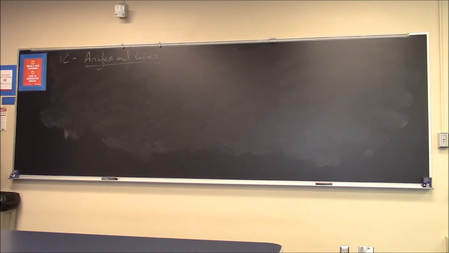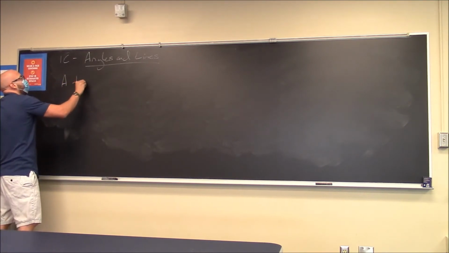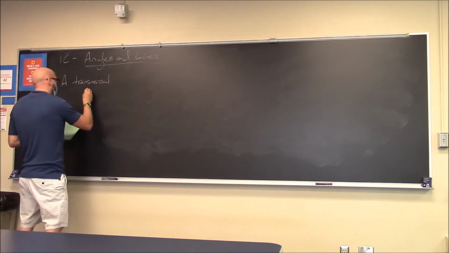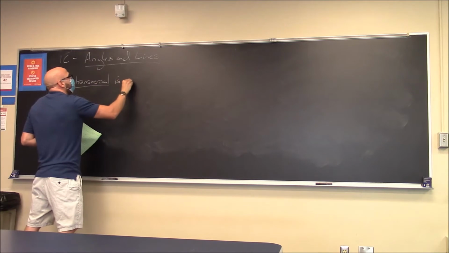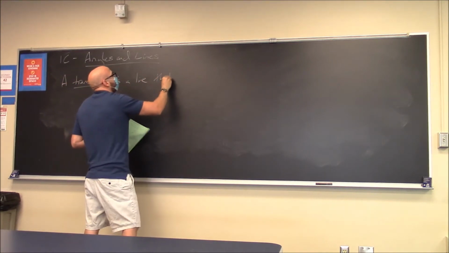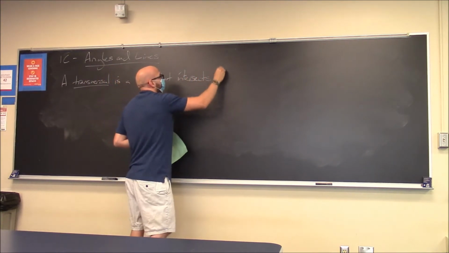So I guess first things first is what's a transversal. A transversal is a line that intersects two given lines.